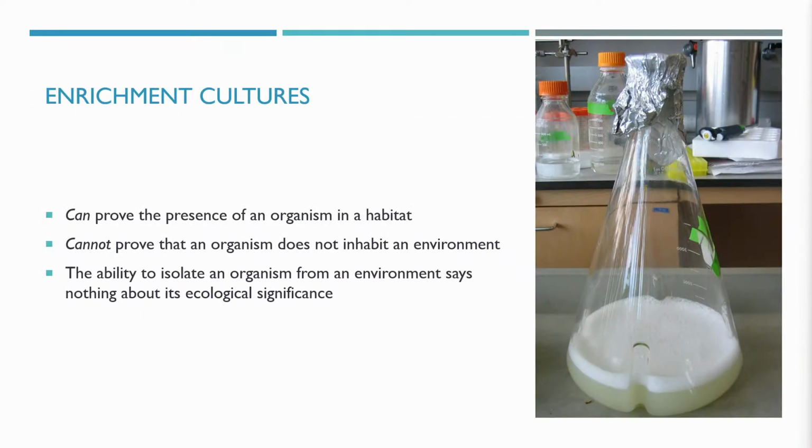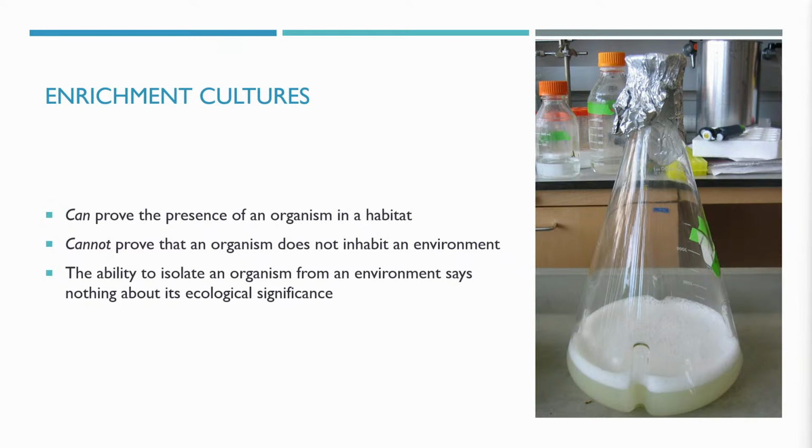And so sometimes you can introduce nutrients or environmental conditions in the media that only allow the growth of an organism of interest, and usually it's because you're enriching it or you're mimicking its natural environment. And so basically what this means is that you know exactly what an organism needs to grow, and you try to mimic that in a lab and just enrich for that one organism.